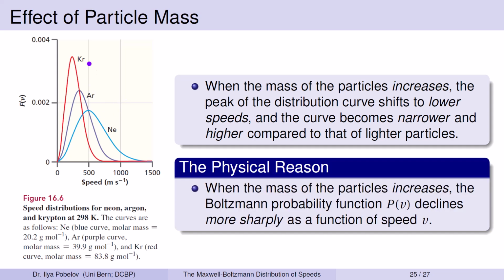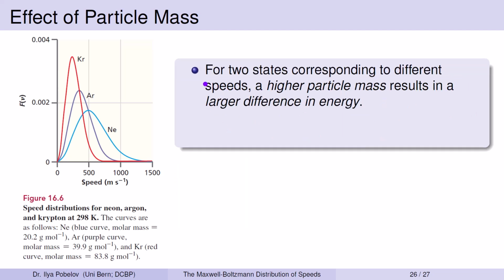The physical reason for this behavior is that when the mass of the particles increases, the Boltzmann probability function declines more sharply as a function of speed. For two states corresponding to different speeds, a higher particle mass results in a larger difference in energy.